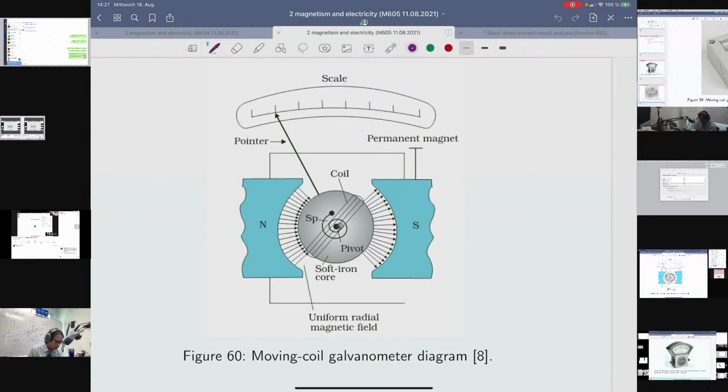It's circular, it circulates like this. The purpose of the spring, SP stands for spring, is to move the object back to its former location.